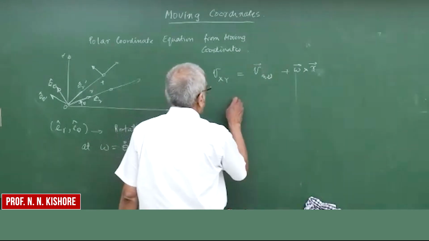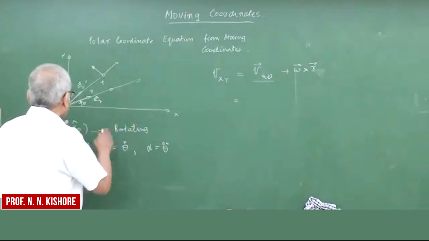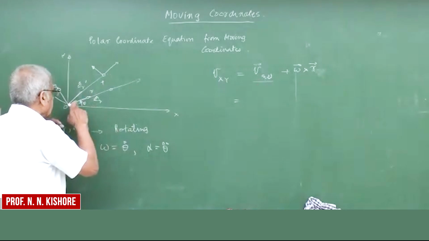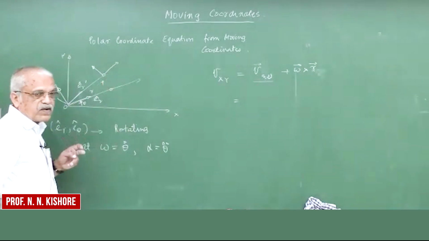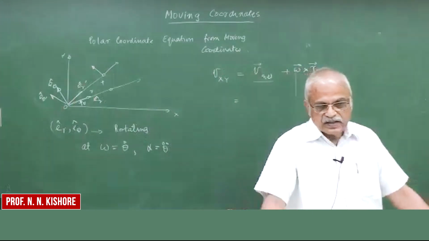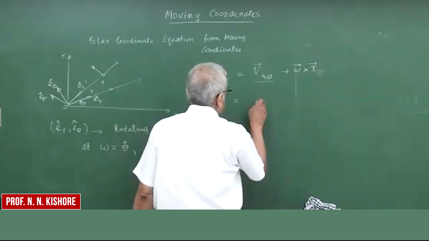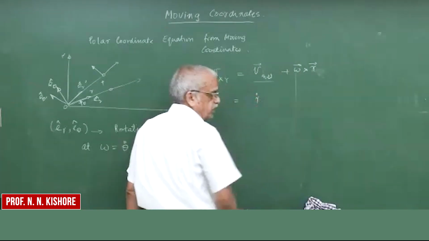So what is this one? As far as the particle is concerned, the particle is just moving along ER, so it is always in the direction of ER. What is its velocity? Its velocity is r dot only.